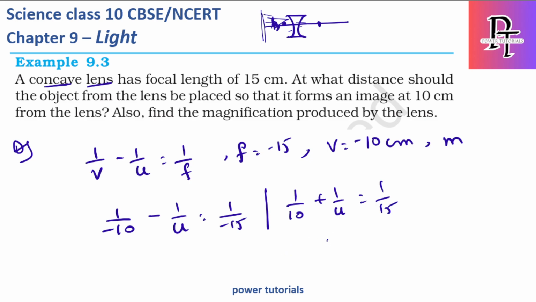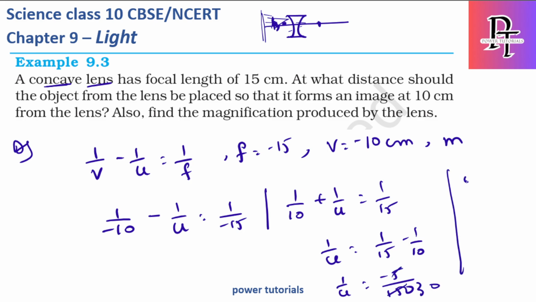Now it is easy. So 1 by u is equal to 1 by 15 minus 1 by 10. So 1 by u is equal to (10 minus 15) by 150, which is minus 5 by 150, minus 1 by 30. So the u value I got is minus 30 centimeters. So the object is placed 30 centimeters from the concave lens.